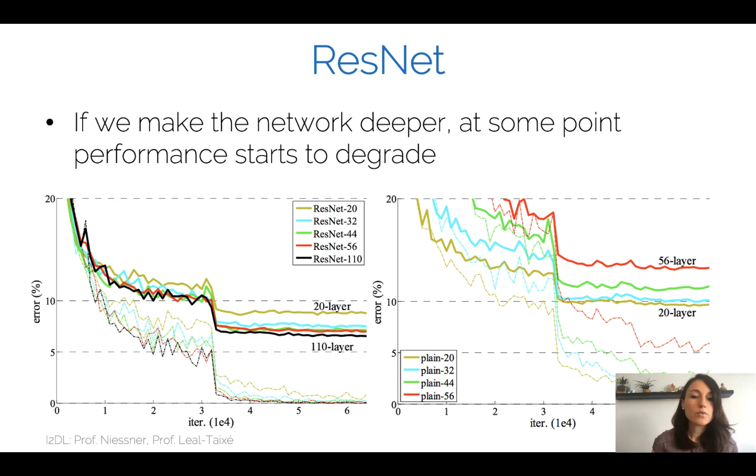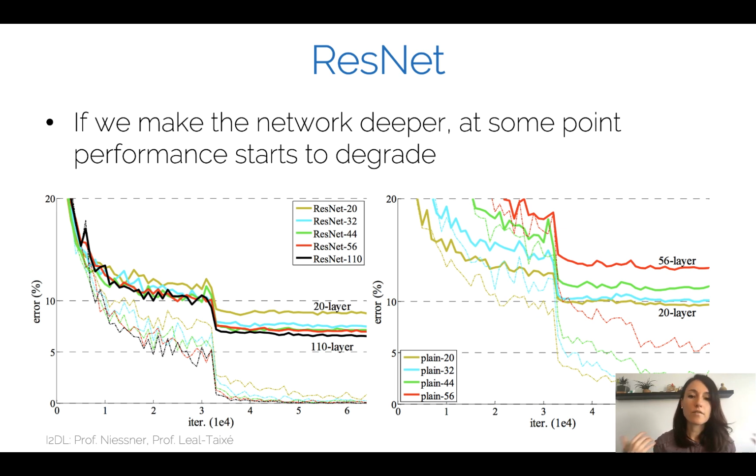But if we move to ResNets, we see a completely different story. We see a story where the 20-layer neural network has a higher error than the 110-layer neural network, which means that making a plain network deeper and deeper and deeper is of no use. At some point, we will not be able to train all this number of parameters.